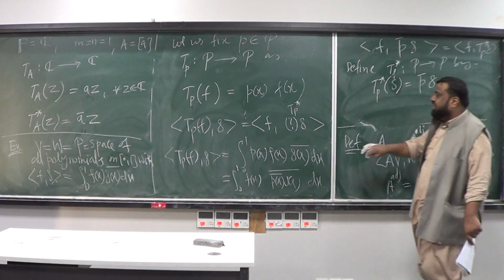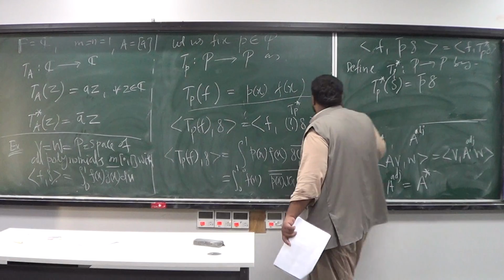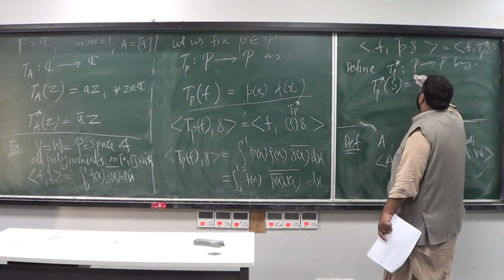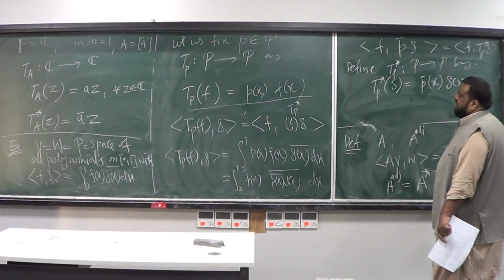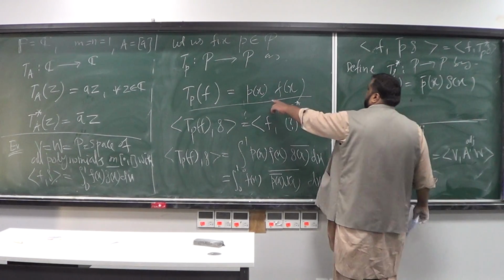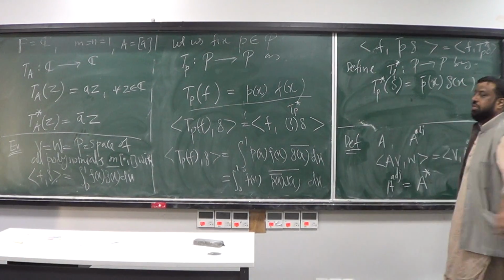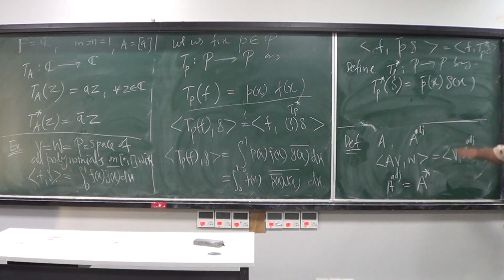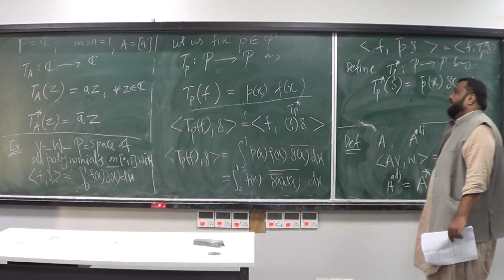So for this operator, the adjoint operator is what? Simply take the conjugate of p of x and multiply with the input. Okay, so this is really the required adjoint operator.